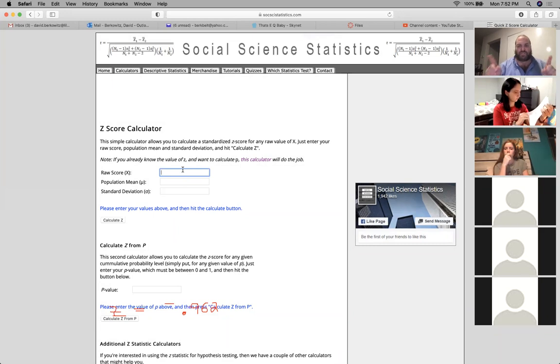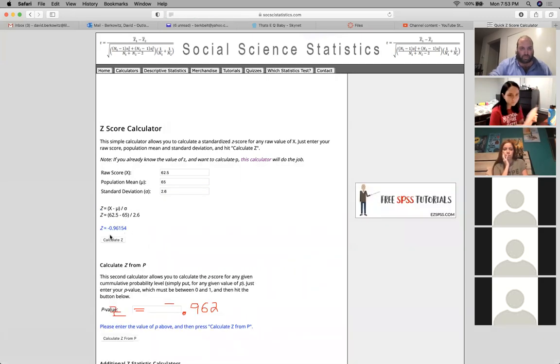Her actual height, her raw score? 62.5. What was the mean for women? 65. And what was the deviation for women? 2.6. So let's calculate her z-score.